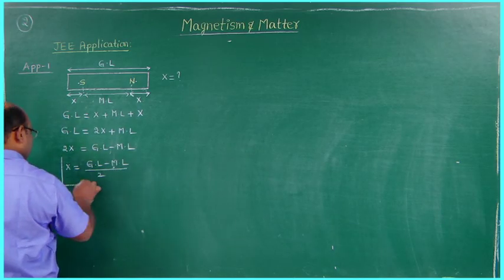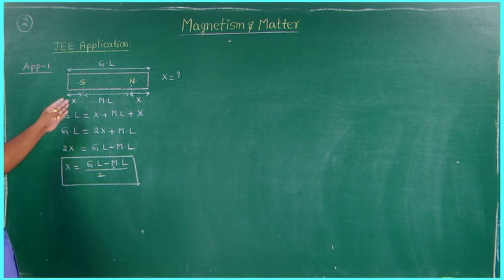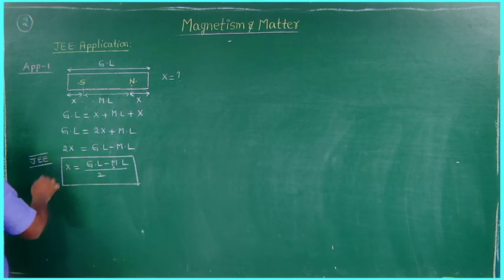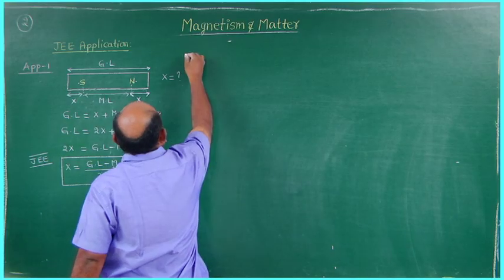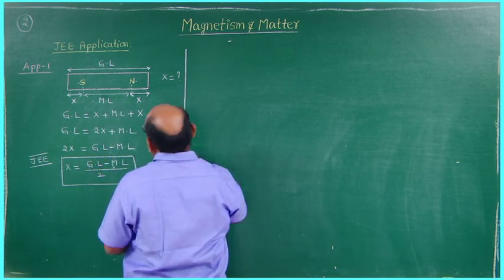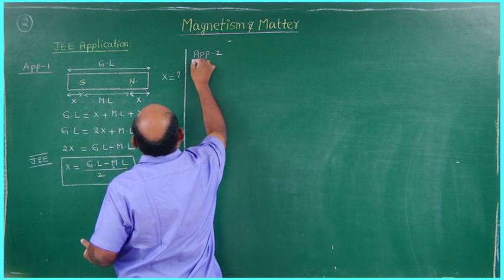This is the shortcut formula to find the position of the pole from the end of the magnet. These types of applications are important to solve questions in either JEE Main or JEE Advanced. And let me solve one problem based on this. Okay, first I finish application 2 also, then we move to problems.